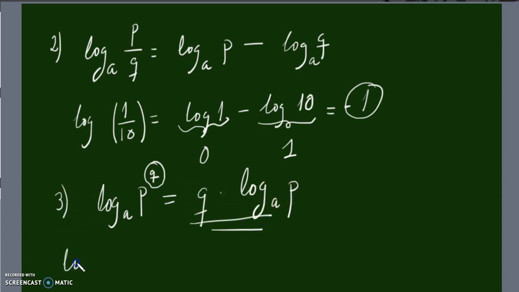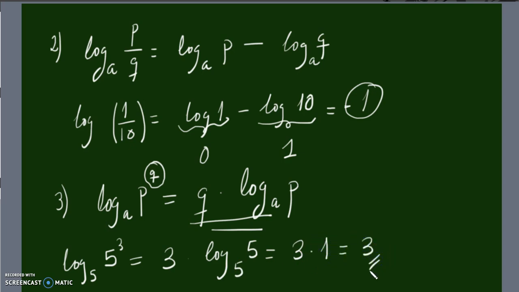For example, logarithm with base 5 of 5 to the power of 3. You can put down the exponent, logarithm of 5 with base 5. So this is 3 times logarithm of 5 with base 5, which is 1. So this is basically 3.